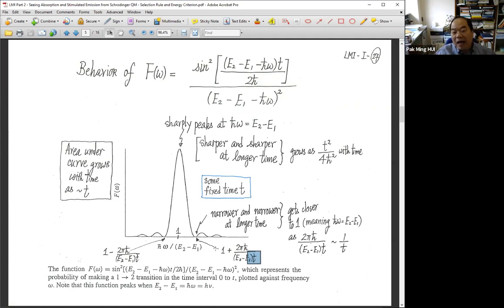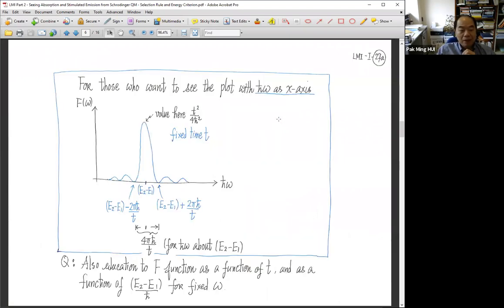And now you see the requirement will be stricter and stricter for the energy criteria. So this is summarized here. The value here is this t squared. The width here is 1 over t. The total width is twice that, but it's still 1 over t.